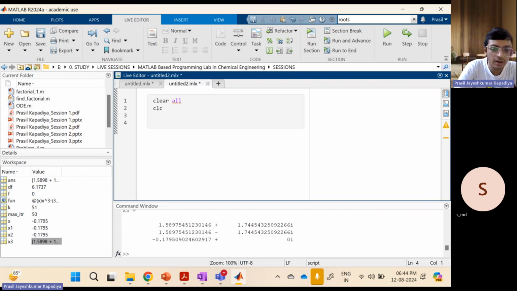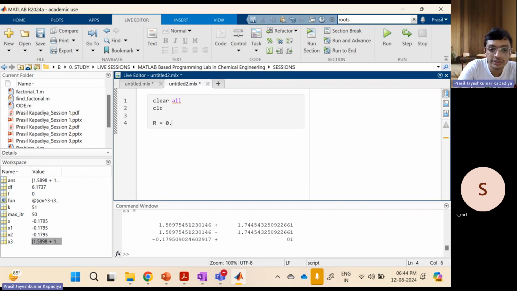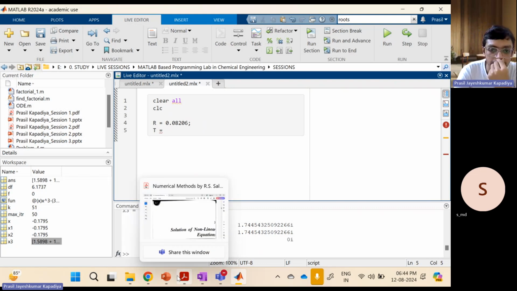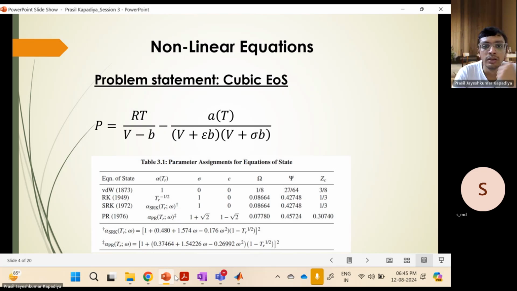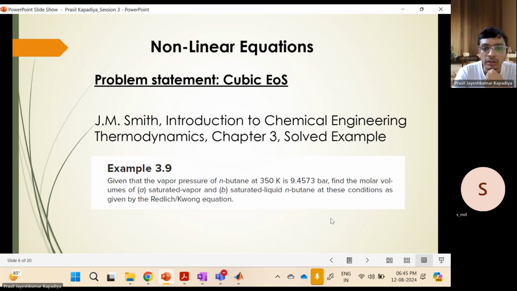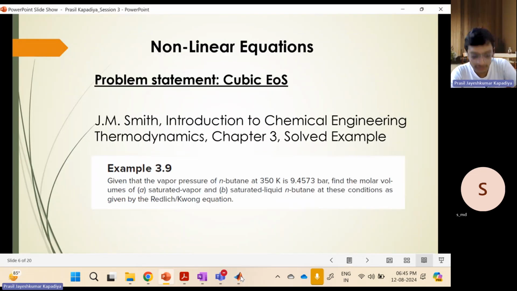Okay, so the value of gas constant, 0.08206, I'm writing. Then the value of T, what is the temperature given in our problem statement? Value is given as 350 Kelvin, right? So T is equal to 350.